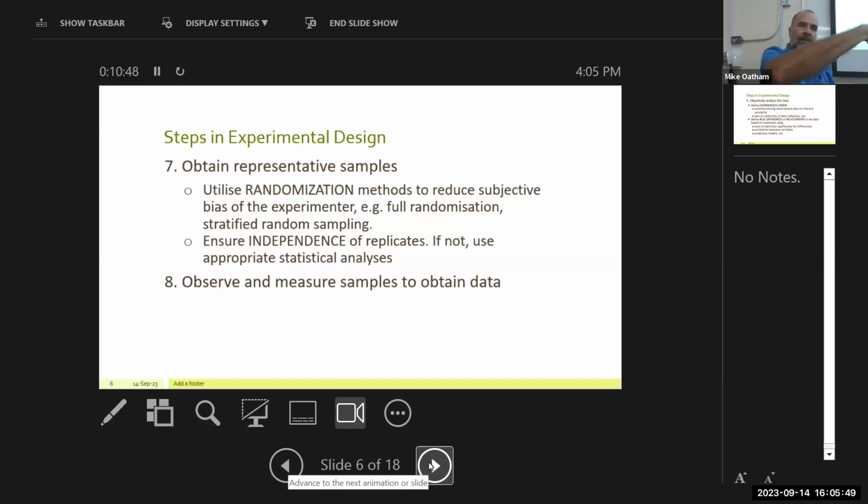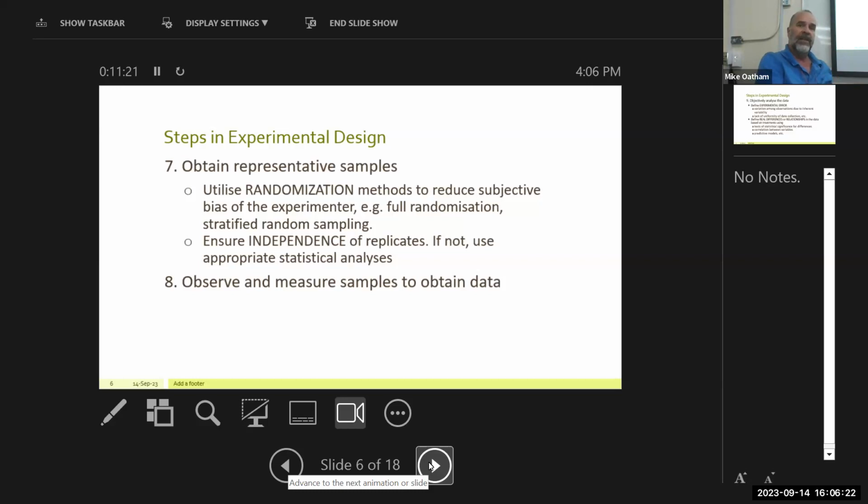So if you take a sample there, then we know the next sample is going to be in the center of the next square. So it's not truly independent, and the samples are not truly independent. Okay? So that means that the samples cannot be seen as really true representatives of whatever you're trying to measure.